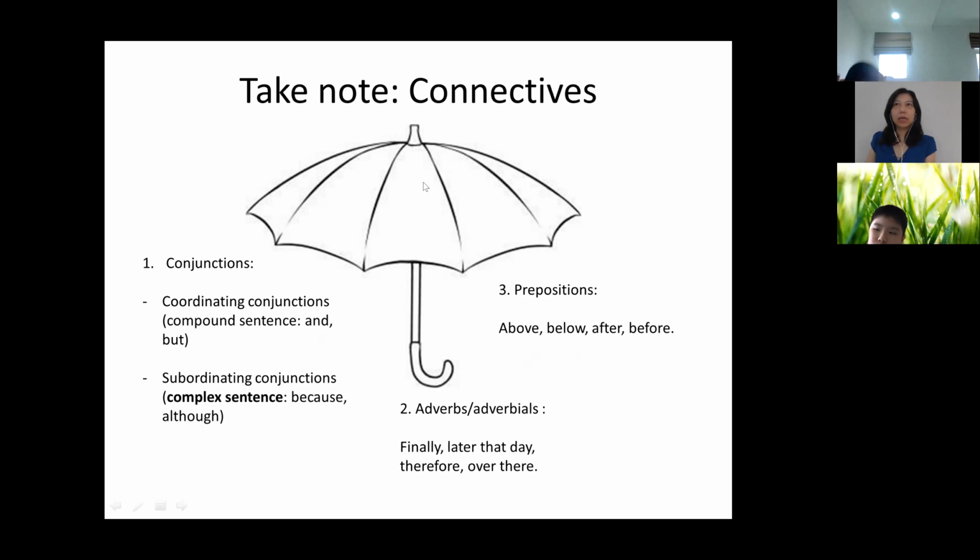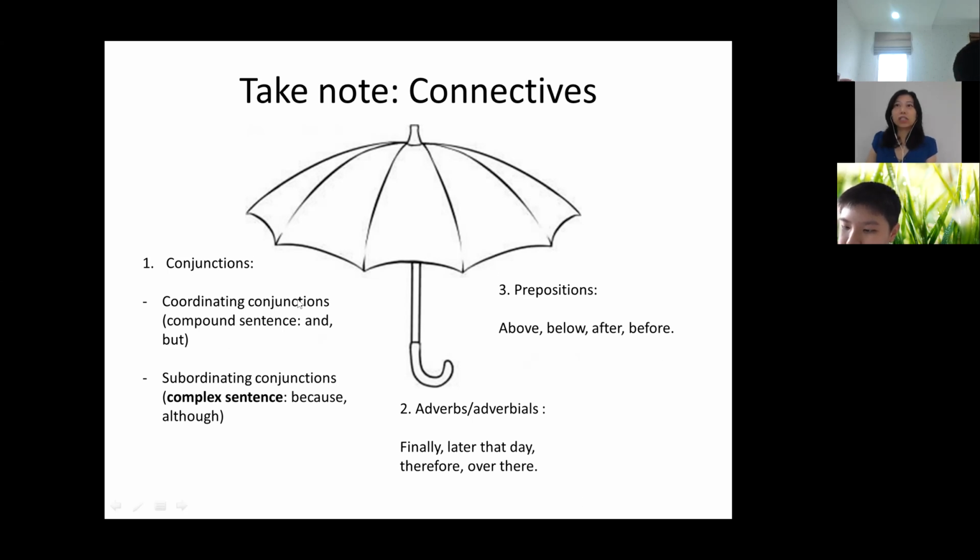Below that umbrella, you have conjunctions, which are divided into two: coordinating conjunctions, which we use for compound sentences, and subordinating conjunctions, which we use for complex sentences. We have also adverbs and adverbials, which we also call connectives. We have prepositions, which we also call connectives. All of these are called connectives.